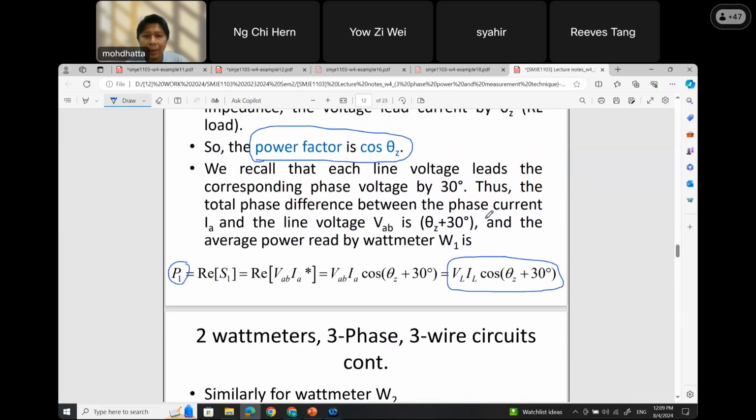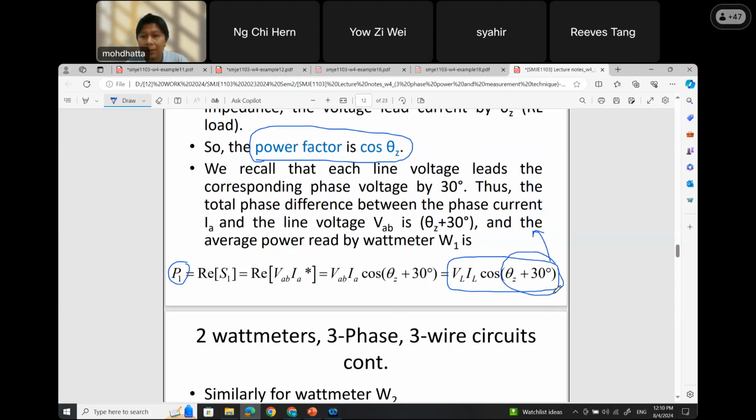P1 is VL IL cos(theta Z plus 30). And why plus 30? The reason is over here. It says that we recall that each line voltage leads the corresponding phase by 30 degrees. It's because of the phase and line difference of the connection. And thus the total phase difference between phase current IA and the line voltage VAB is theta Z plus 30 degrees. So this is what is being mentioned in this text.